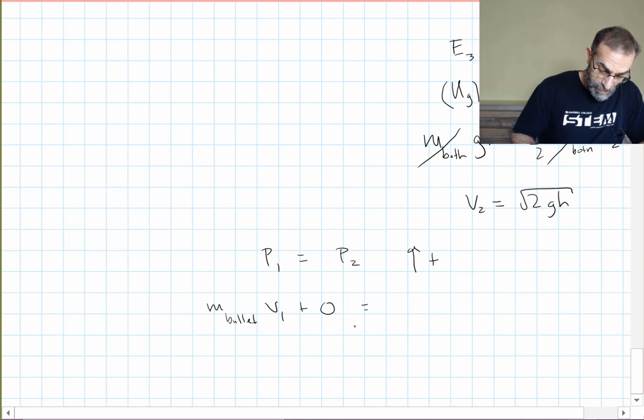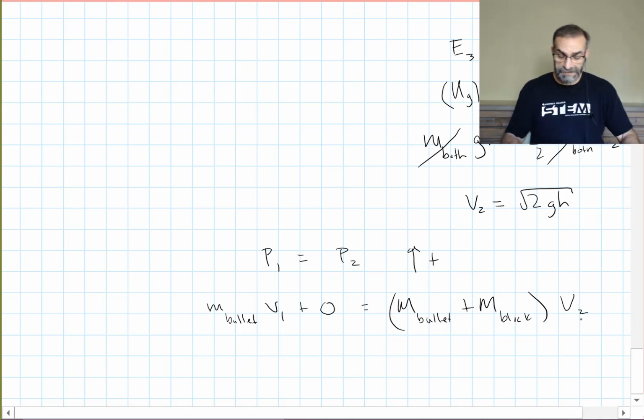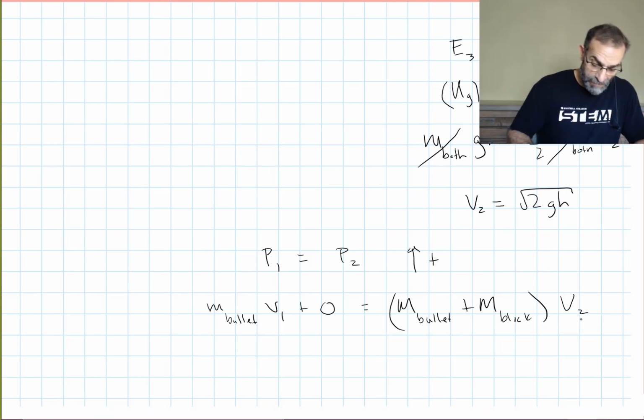And at 2, they're stuck together. And now we can solve for V1.